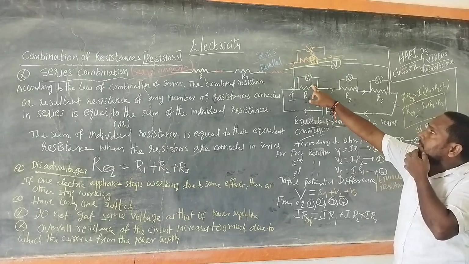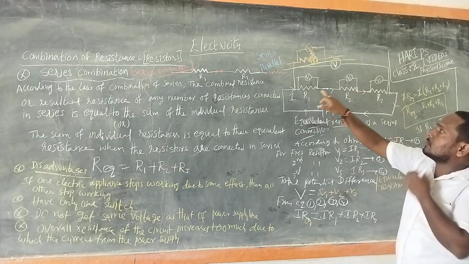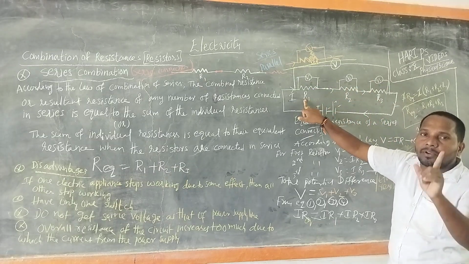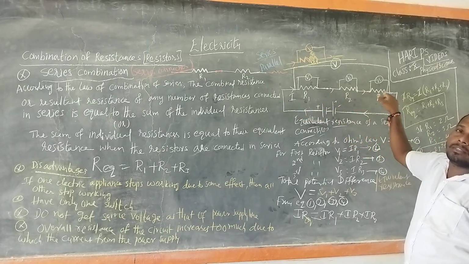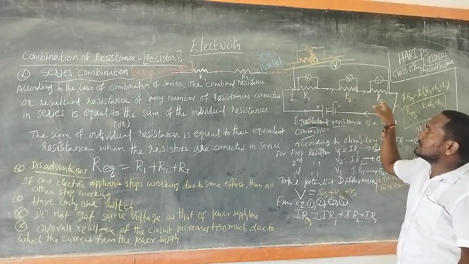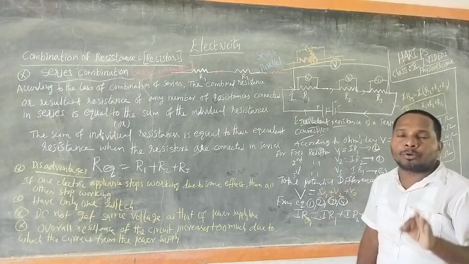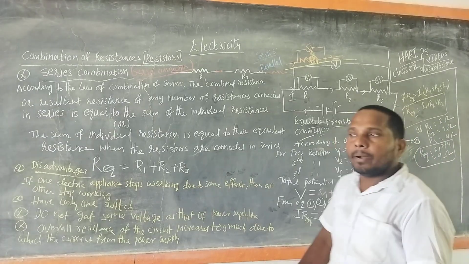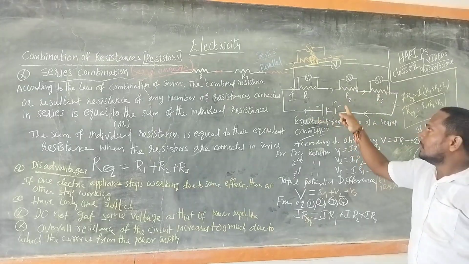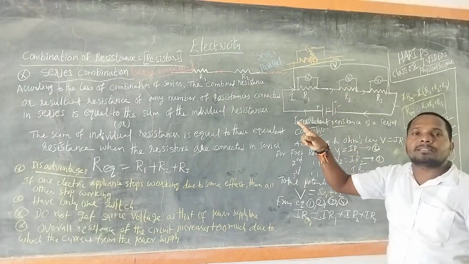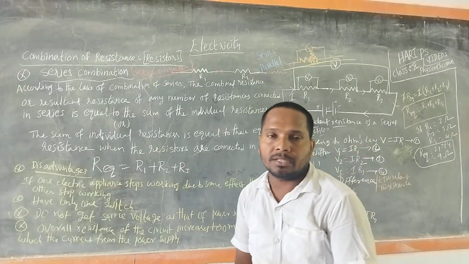So V1, V2, V3. Resistor R1 has a different potential difference than R2, and R2 than R3. So three resistors have three different potential differences, but these three potential differences add up to the potential difference of the battery.